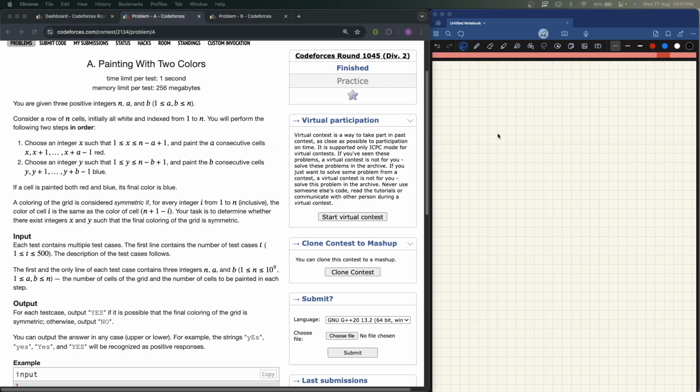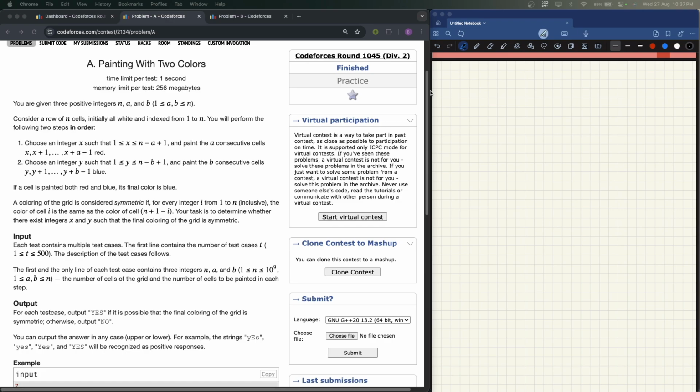Okay, so in this problem we are given three positive integers n, a and b, and n is the length of the cells in an array.